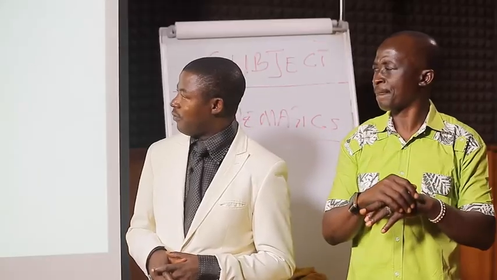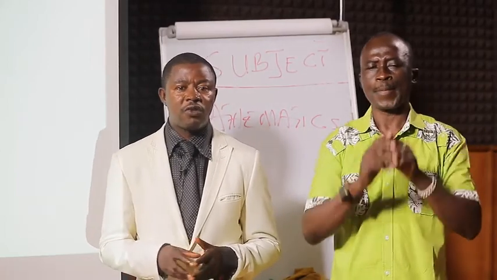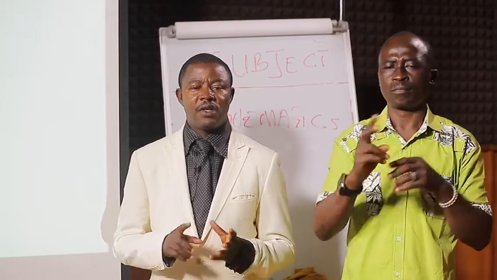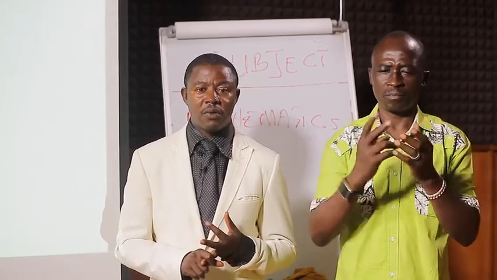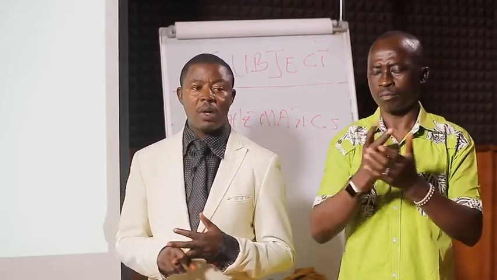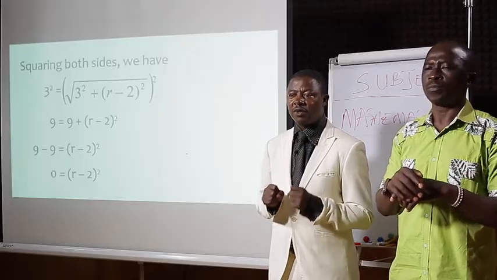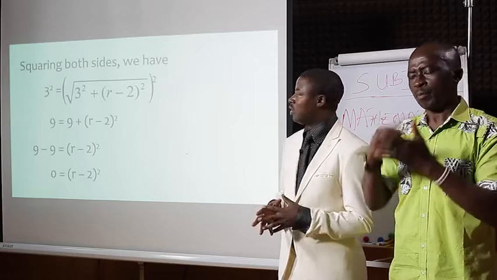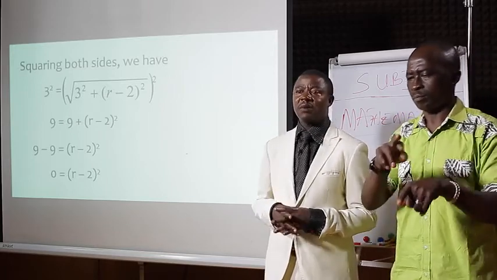Now simplifying further, for us to remove the square root sign, we need to square both sides. If it is square, you take square root. If it is square root, you square both sides. So squaring both sides, anything you do to the left hand side, you must do the same to the right hand side.